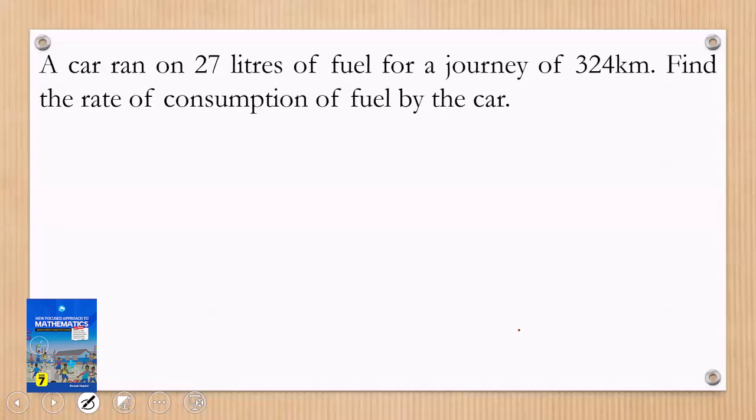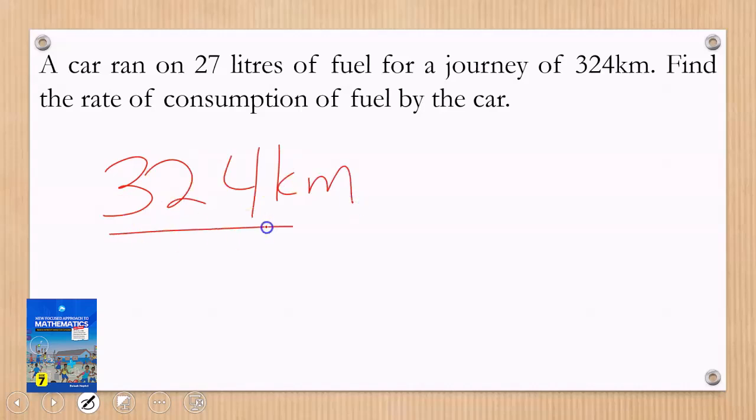That means for every kilometer, how much will he consume? Well, this is simple. We are talking about traveling 324 kilometers, and for all this number of kilometers, he consumed 27 liters.